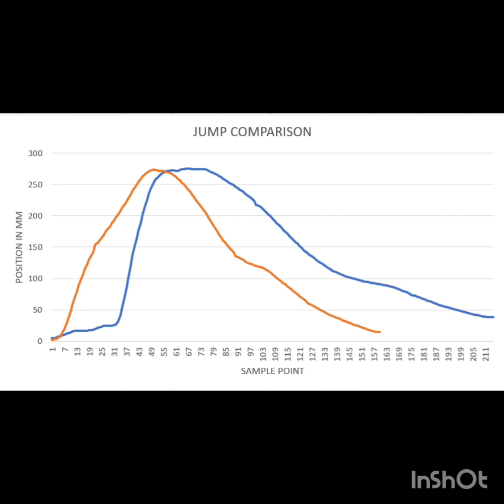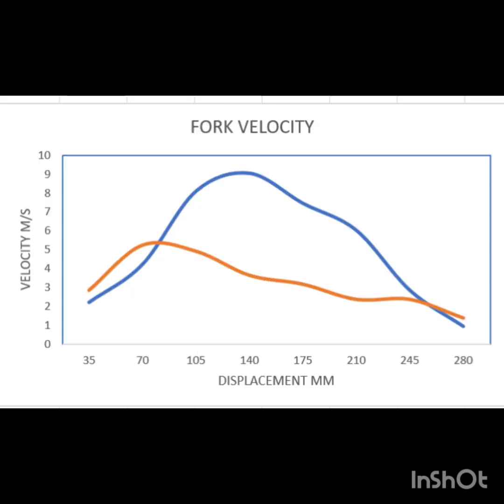These forks were tested. The no float fork is 21 kg at 1 meter per second. The float fork is 13 kg at 1 meter per second. Then you can plot them into a nice little graph here, and we can look at velocity and how each fork's traveling at different speeds throughout the displacement.